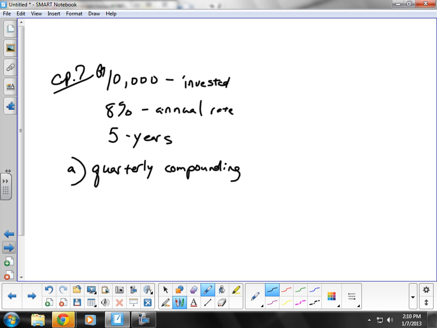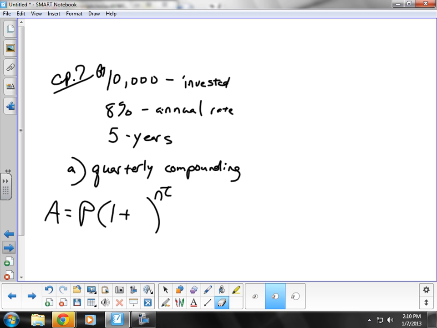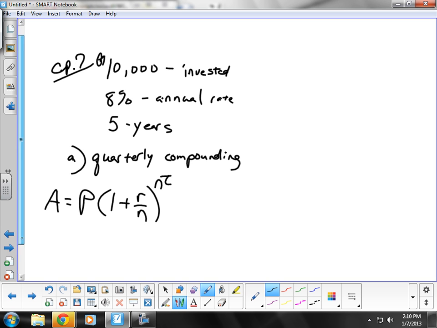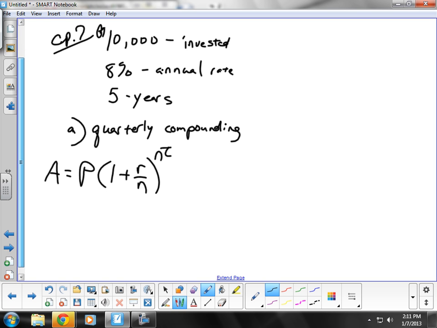So if it's quarterly compounding, then I need to use this formula, that the amount in the account is equal to the principal times 1 plus r divided by n raised to the n times t power. Not if it said compounded quarterly. No, you need to know that other one with the E in it, if it said it was compounded continuously.